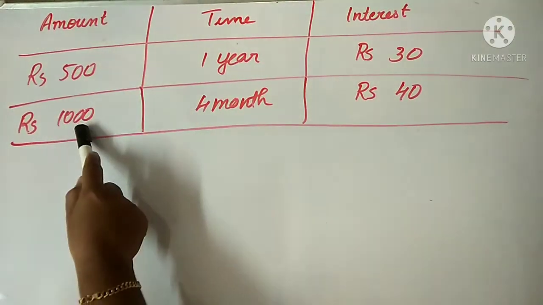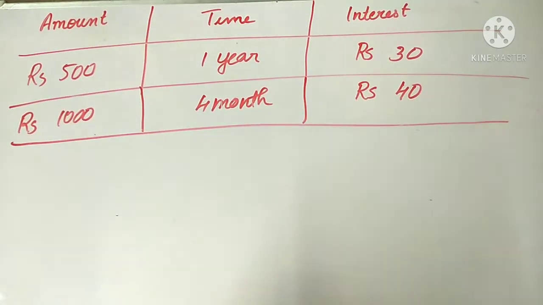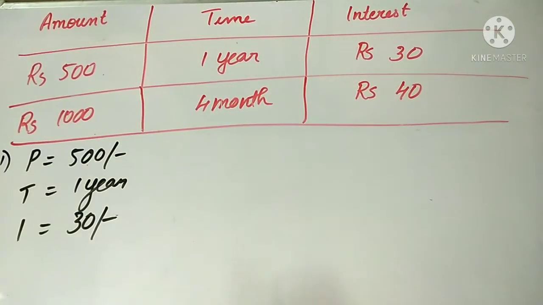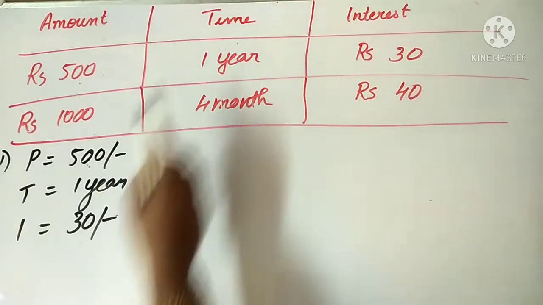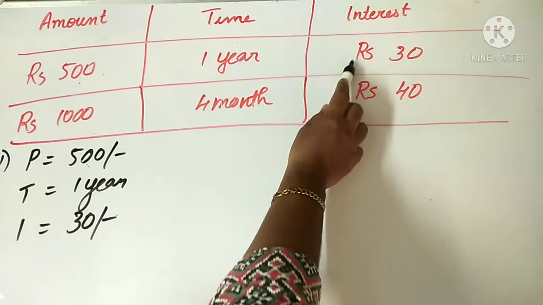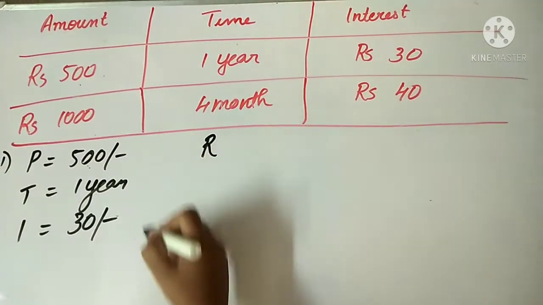Now see the table, children. Here amount is given, time is given, interest is given. We have to calculate the rate of interest. According to the first question, principal amount is equal to 500, time is given as 1 year and interest is given as 30 rupees. We need to find the rate of interest.